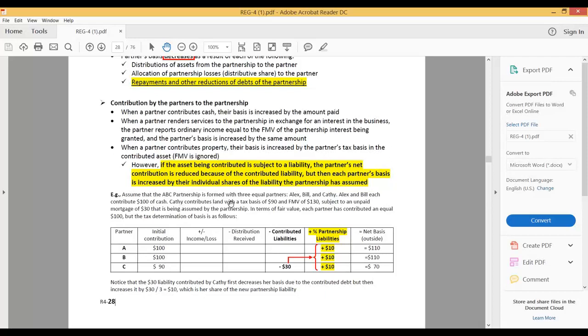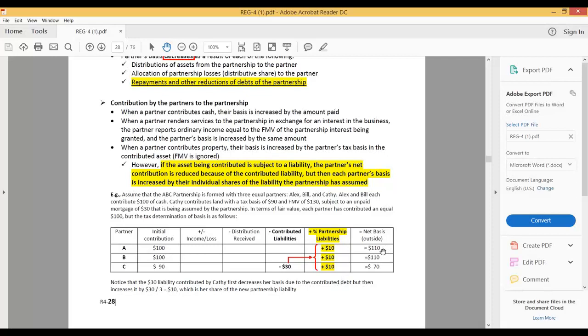Now, let's look at C, Kathy, who's contributing land with a tax basis of $90, and she is contributing a mortgage of $30. So that mortgage that she's contributing gets reduced from her basis. But each partner, including Kathy, will get a percentage of the partnership liability. So this $30 is now spread among all the partners, and $10 gets added to each of their bases.